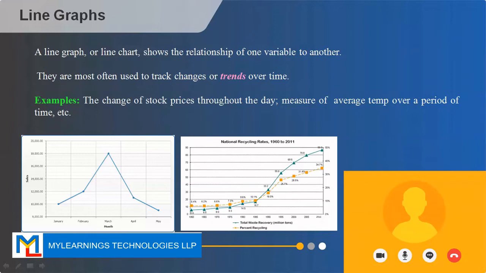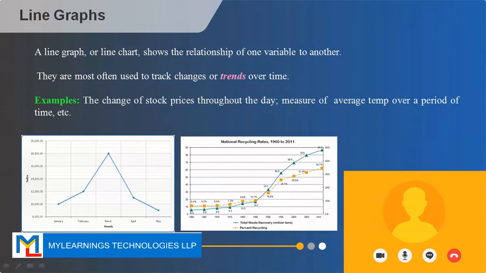The figure on the right is again a line diagram. Here it is tracking two different parameters over the same axis. One is the percent recycling that has happened and the total waste that was recovered from 1960 to 2011.